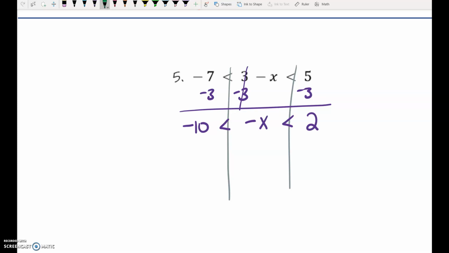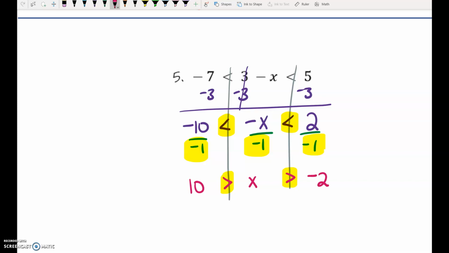How do we get rid of the negative in the middle? Divide by -1. Warning, we divided by a negative, so we need to change those symbols. So we need this to be 10 is greater than x is greater than -2.